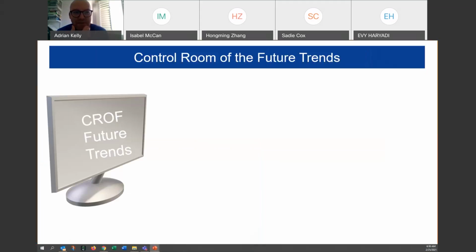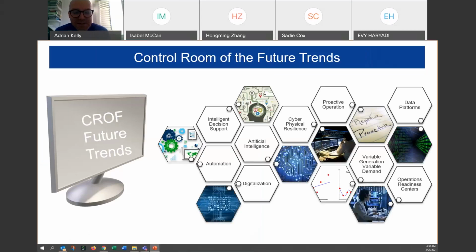We could spend multiple days talking through this, but I'm going to try to focus on a couple of key areas today: the trends that we see in future control room design, data modeling, software visualization applications, and finally hardware and decision support. I will touch on these just briefly, with the proviso that there's a lot more information we could go into, and I'm happy to do that if you'd like to get in touch with me offline.